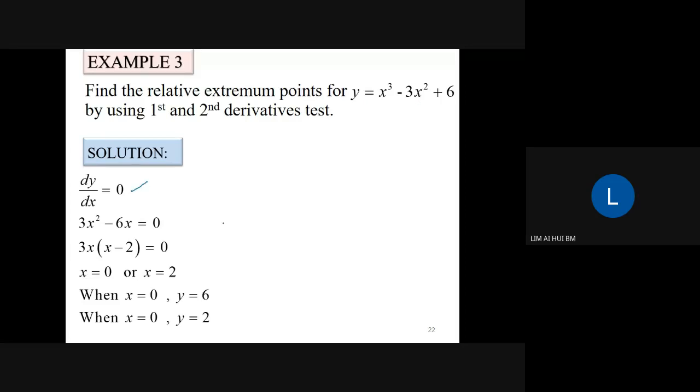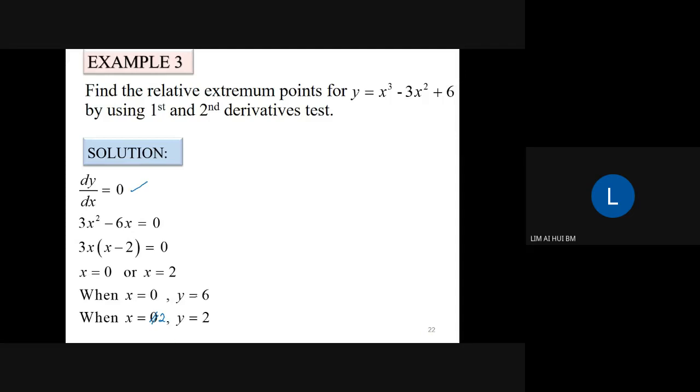Firstly, get your dy/dx, and then let your dy/dx equal 0. The same method, all the steps are already shown in example 1 because the function is exactly the same as example 1. Then you factor out the 3x, you solve, you get x equals 0, x equals 2. All right, again, here is a mistake. Here should be 2.